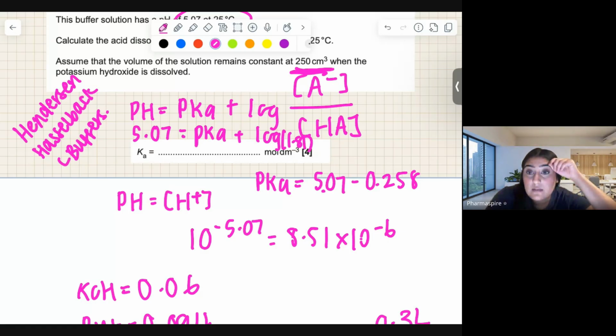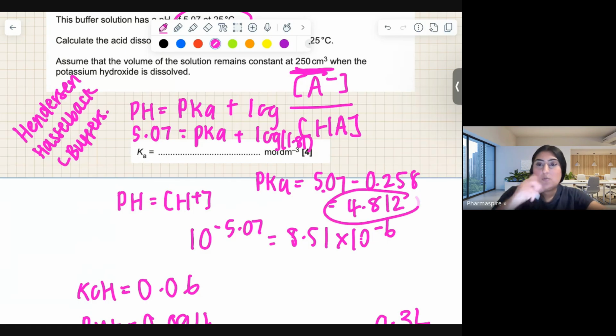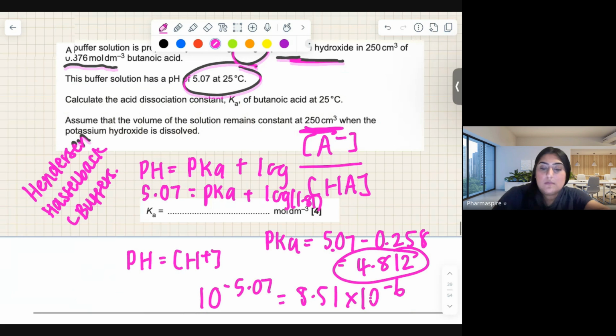Yes, exactly. You're doing neutralization, so it's the exact same kind of thing. Yeah, good. So when you subtract them, you should get 5.07 minus 0.258, which is 4.812. So I've got the pKa, so what can I work out then?